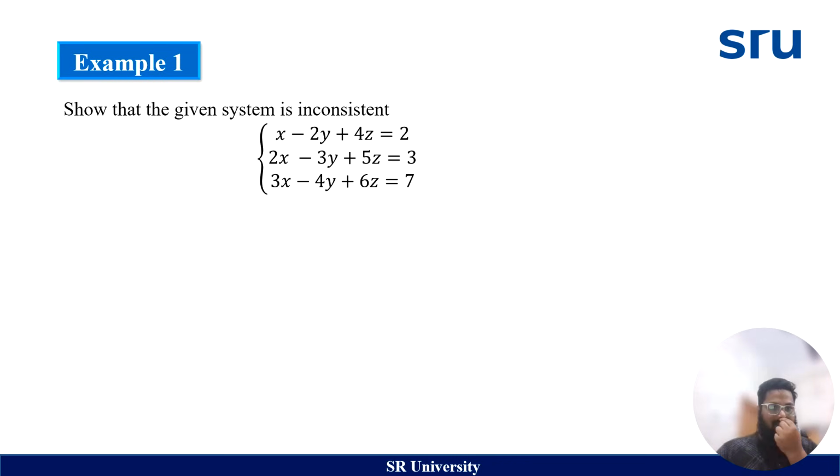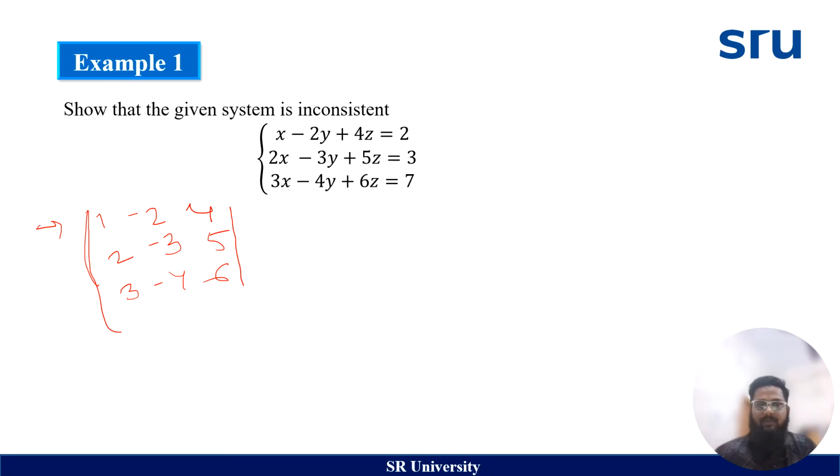Suppose this system is given to you. So what is the rule? First of all we will convert this to the matrix form. 1, minus 2, 4; 2, minus 3, 5; 3, minus 4, and 6. This is the matrix A, that means the coefficient matrix.